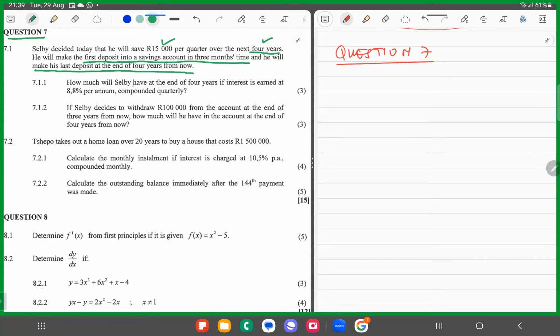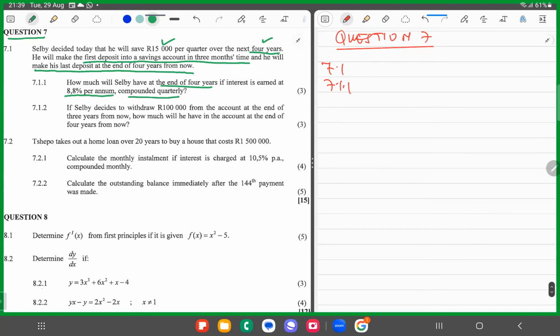How much will Selby have at the end of 4 years, if interest is earned at 8.8% per annum, compounded quarterly? Which means F is x into 1 plus i to the n.